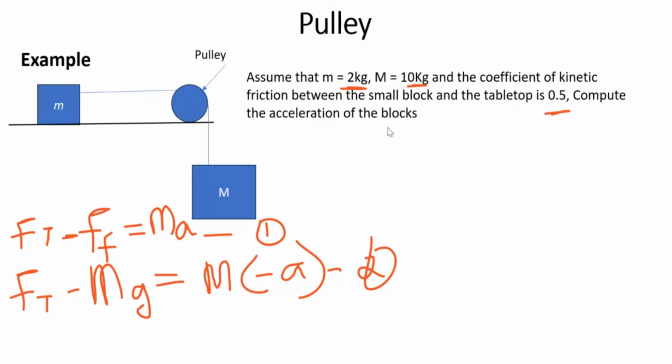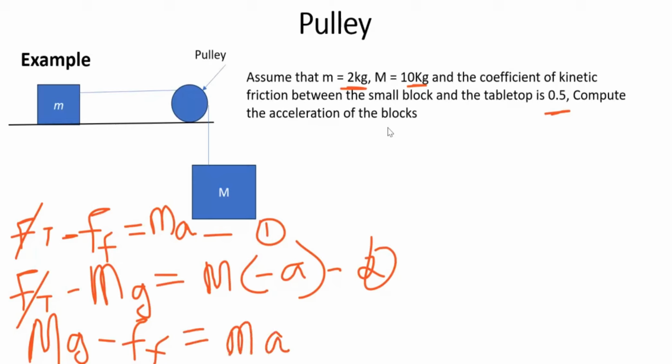When this Ff cancels out, substituting the values, we now have big Mg minus this Ff is equal to small ma plus big MA.